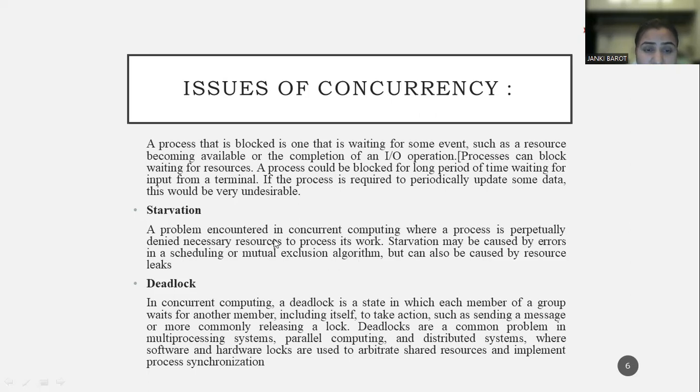It is encountered in concurrent computing where a process is perpetually denied the necessary resource to process its work. It will wait for the resource for infinite time. So these are the main issues of concurrency.